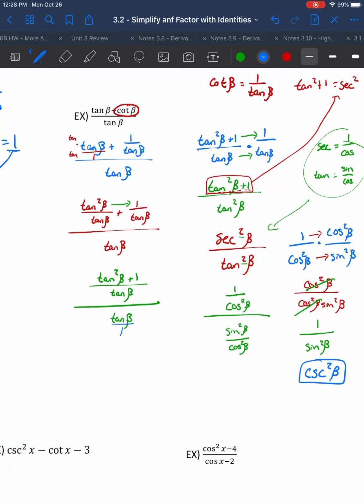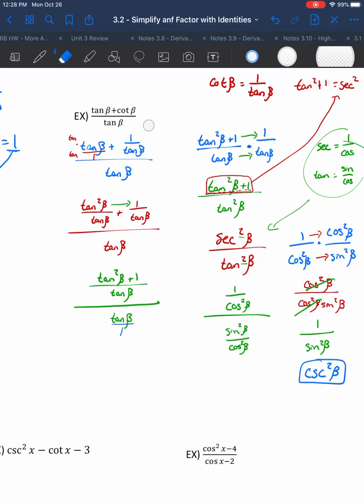A lot of work, I know. That's not the only thing we could have done. I could have gone back up here to the original once I hit a place where I got a little lost, and I could have started this whole problem over and replaced everything. Like, say, tangent, I could have made that sine over cosine, plus cotangent is cosine over sine, all over sine over cosine, and manipulated those fractions.